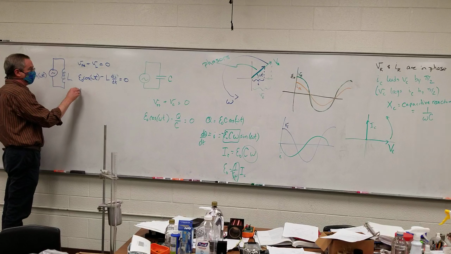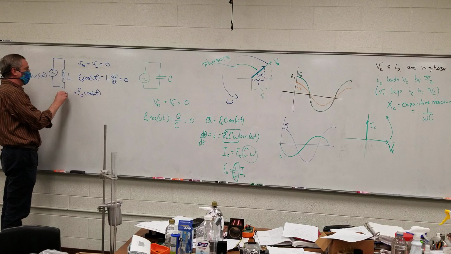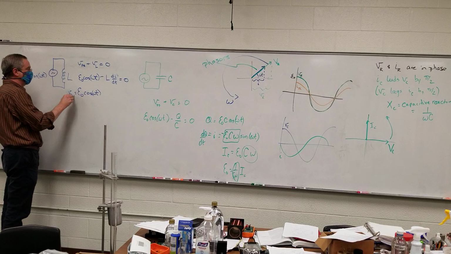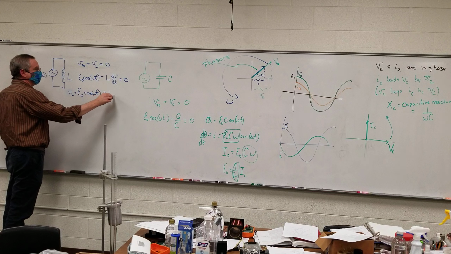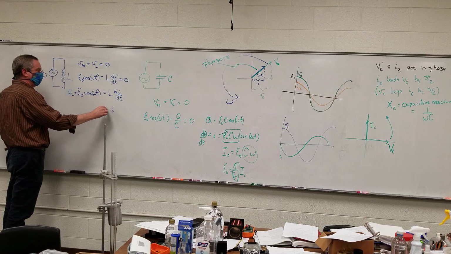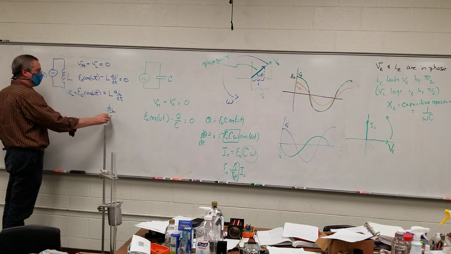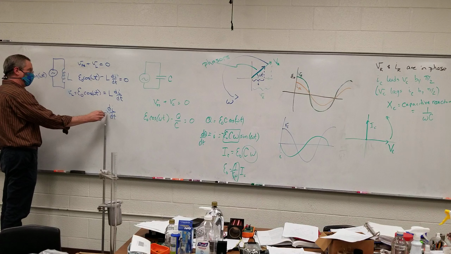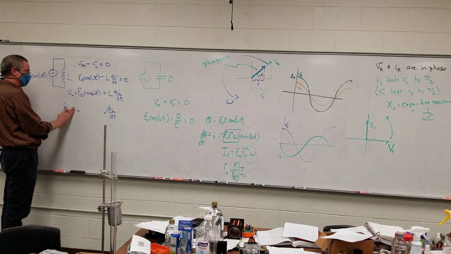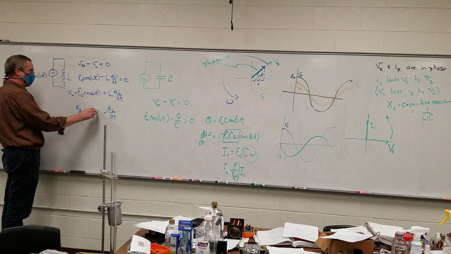Bring that over to the side, and I have epsilon sub naught cosine omega t, which is the voltage across the inductor, equal to L di dt. Let's bring L over, so di dt equals epsilon sub naught over L cosine omega t.